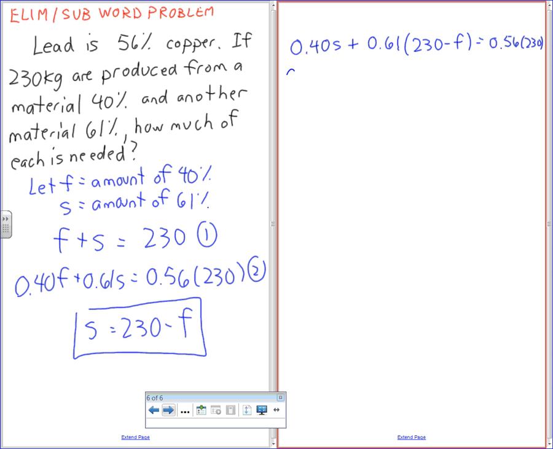Around 200 should be right. 140.3. 140.3.